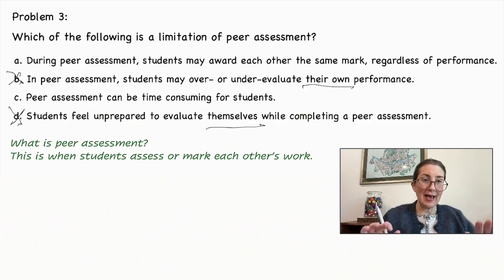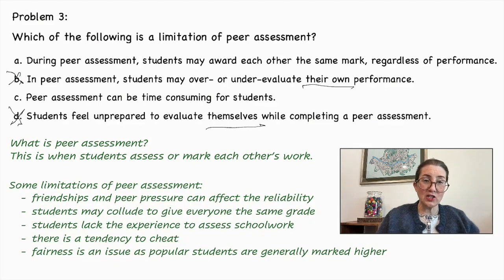So let's look at some of the limitations of peer assessment. Friendships and peer pressure can affect the reliability. Students may collude to give everyone the same grade. Students lack the experience to assess schoolwork. There is a tendency to cheat. And fairness is an issue as popular students are generally marked higher.